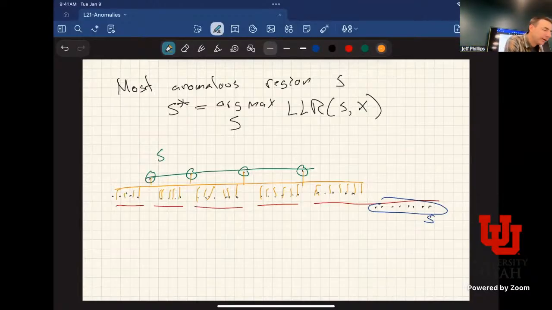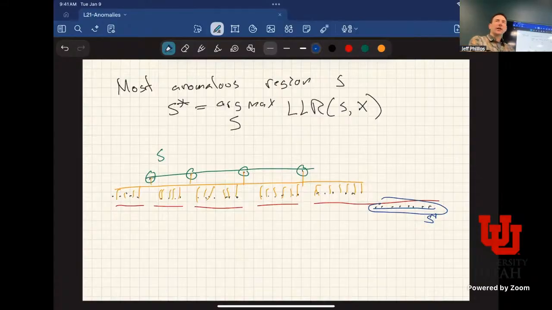All right, and then in S, okay, so maybe we'll call this one S prime. All right, so with this data, maybe there are two possible ways that might make sense to define S.